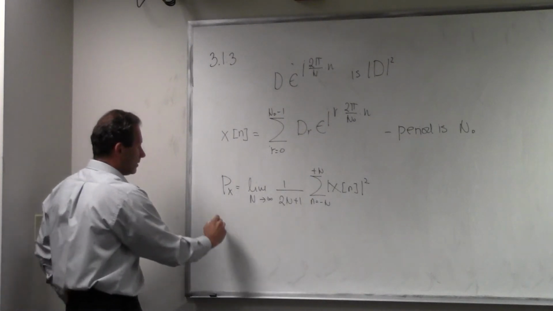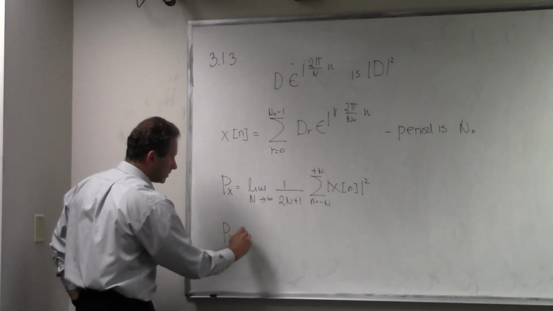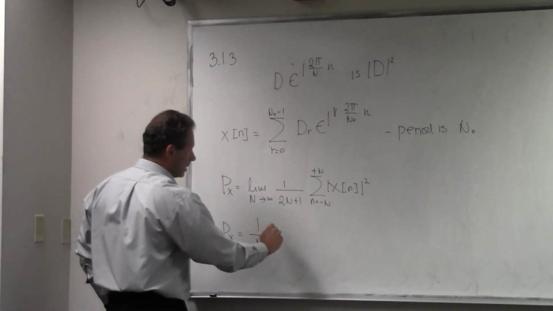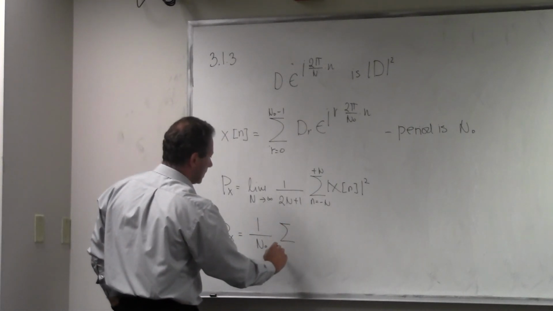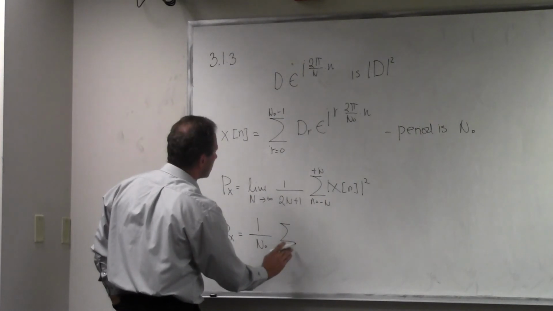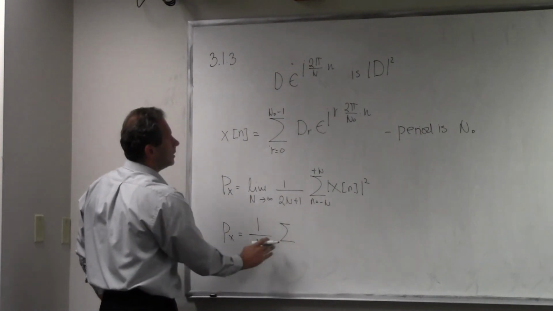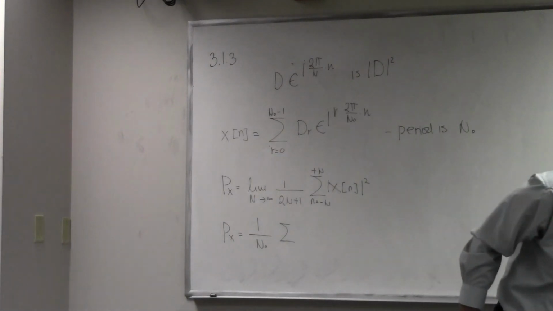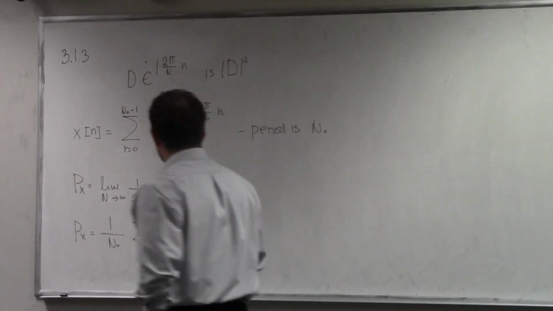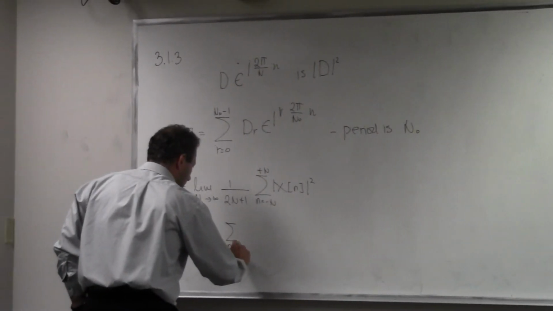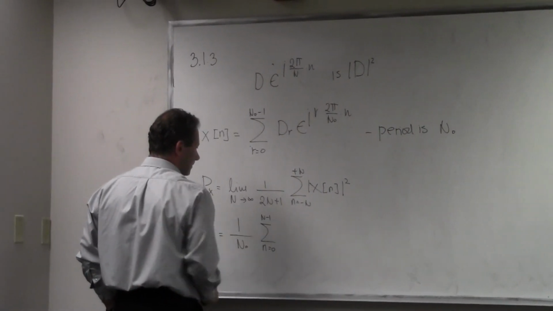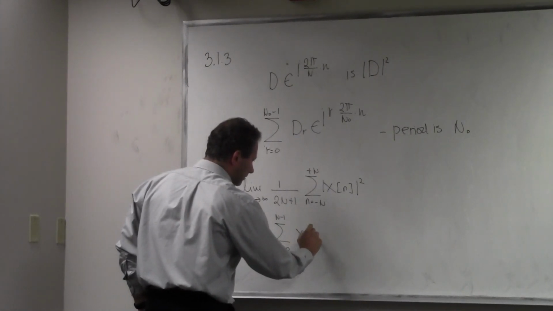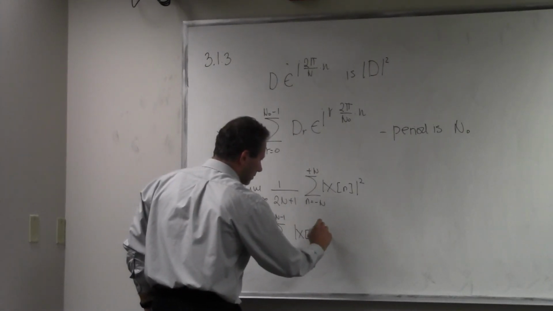So now the power of this signal becomes 1 over N0, which is 1 over the period, and then the sum, when n goes from 0 to N0 minus 1 over one period, of the magnitude of x[n] squared.